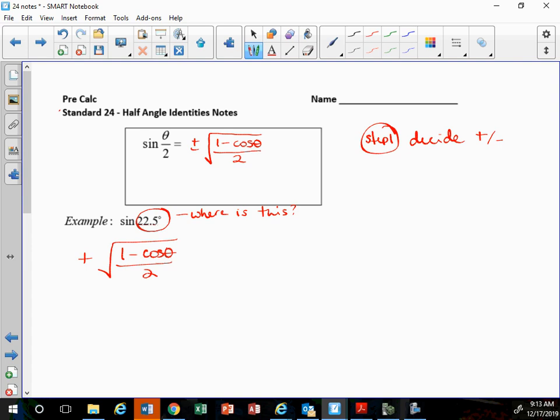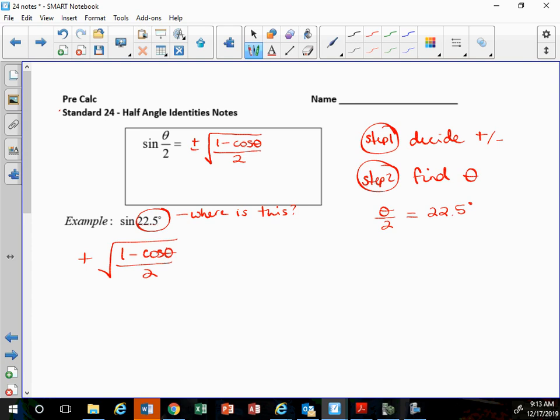Step 2. Find theta. So this 22.5, that is my theta over 2. We'll do this off to the side here. Sine of theta over 2, and then here I have sine of 22.5.